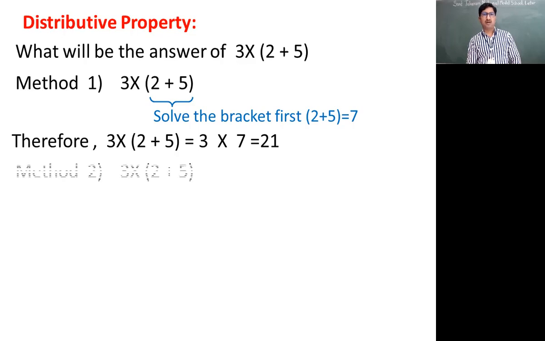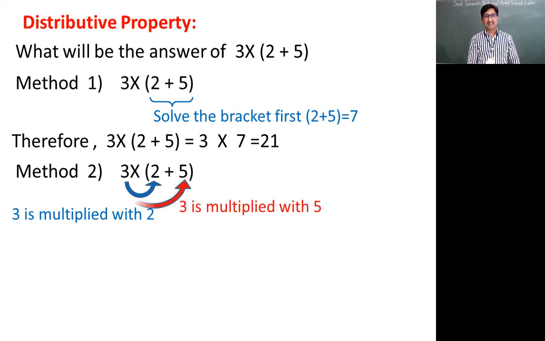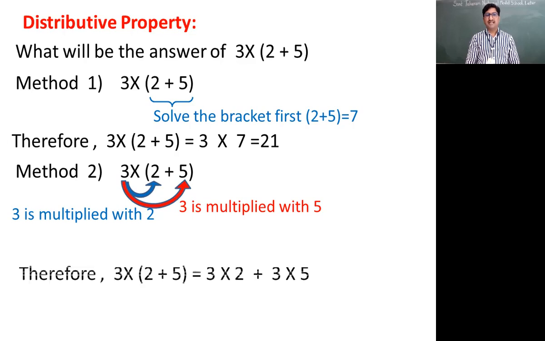In the next method, what we have to do is, this is given 3 multiplied by 2. One by one, we have to multiply the numbers which are there in the bracket and then add the products of these two numbers. So first we multiply 3 by 2, we get 6, and then 3 multiplied by 5, we'll get product 15, and then do the addition of these two numbers.